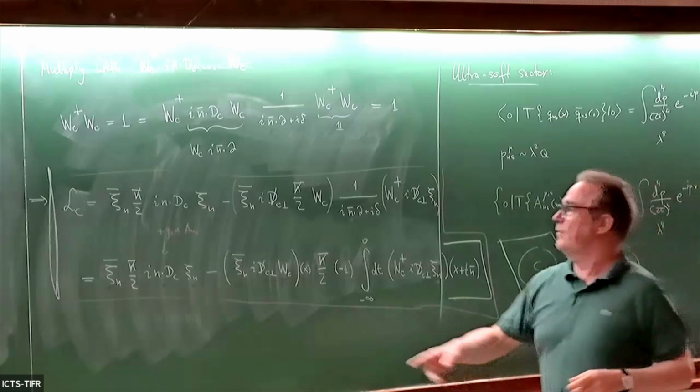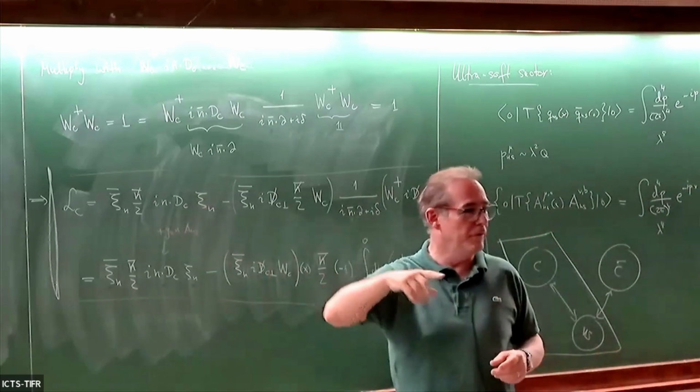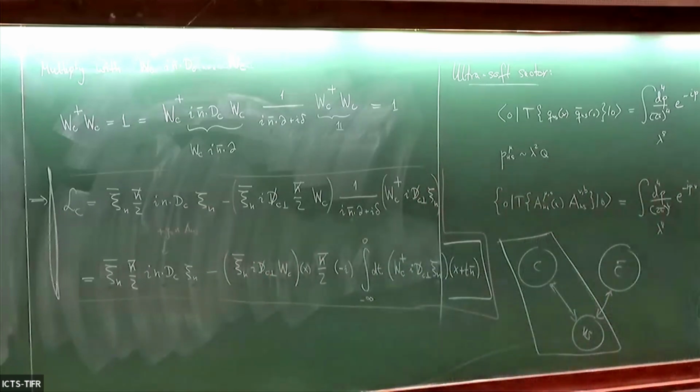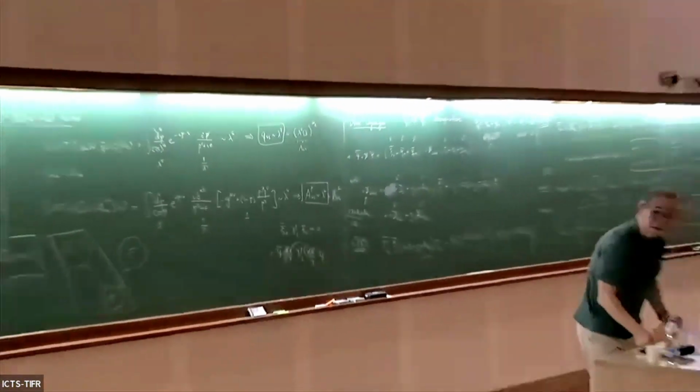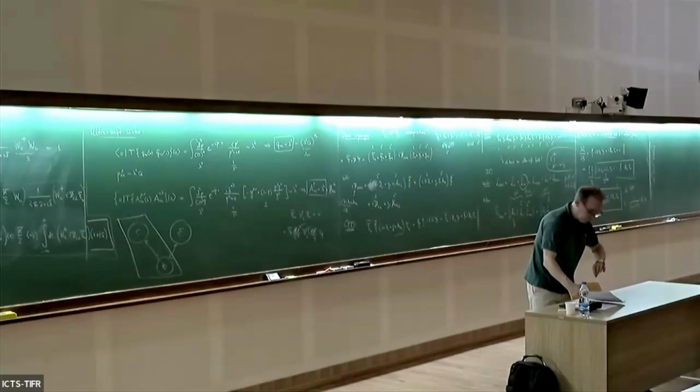I always write xi as just the ordinary QCD field with an n-bar slash over 4 in front of it and a Wilson line, and that's it. You just need to add the Wilson lines. And the calculations can always be done in ordinary QCD. And you'll also see in a moment why this is very useful. But I think at this point we should probably really break. 3:15, okay.